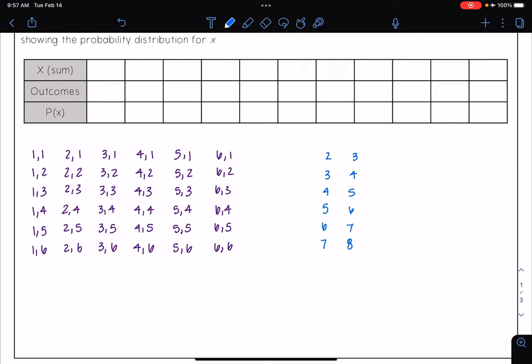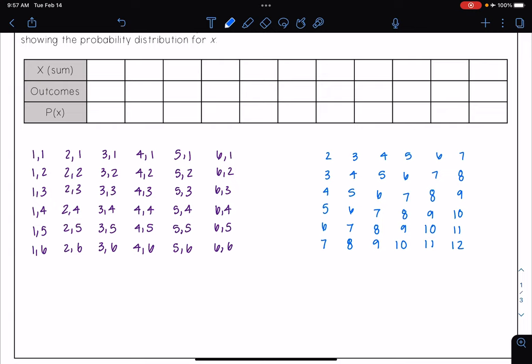Next column, 3 plus 1, I get 4, and 5, 6, 7, 8, 9. And following that, I have 5, 6, 7, 8, 9, 10, then 6, 7, 8, 9, 10, 11, and then 7, 8, 9, 10, 11, and 12. So those are just the sums of my rolls that I see on the left-hand side.